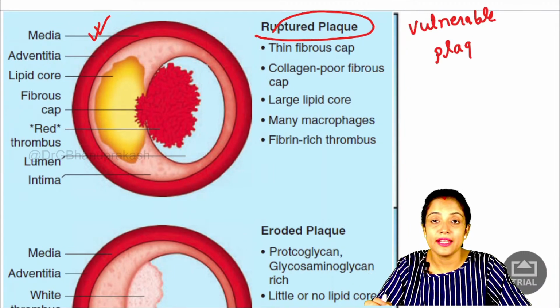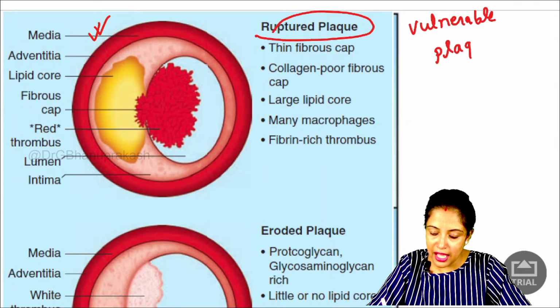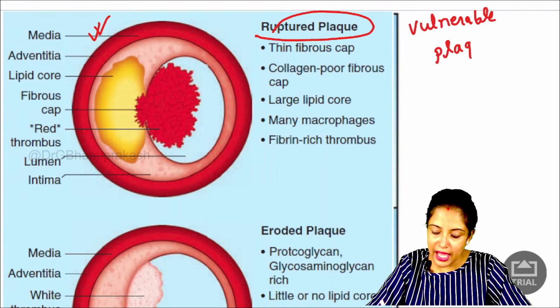A vulnerable plaque has two main characteristics: it will have a lipid-rich core, plus a very thin fibrous cap.